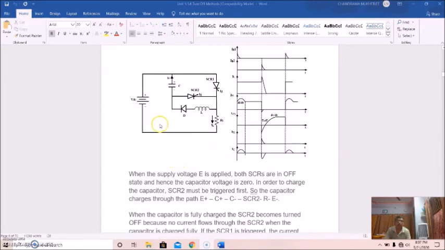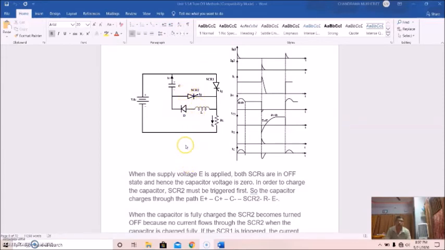Now, when we apply this DC voltage, suppose VDC equals E, both the main SCR and the auxiliary SCR are in the off state, and the capacitor voltage is 0. In order to charge the capacitor, we trigger on the auxiliary SCR, SCR2.